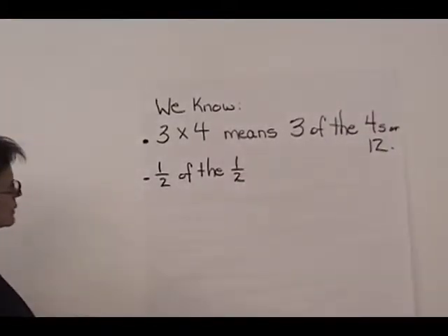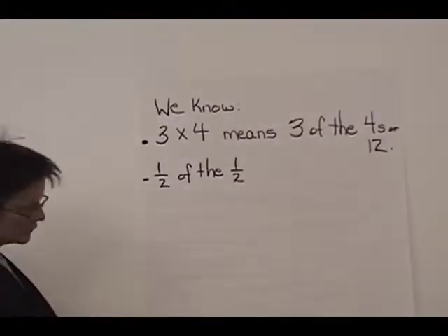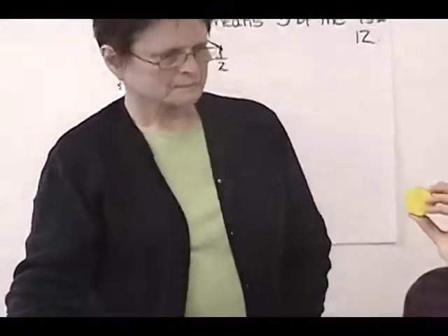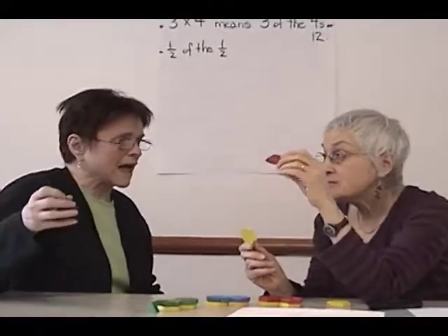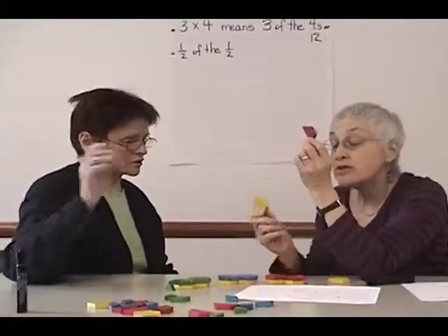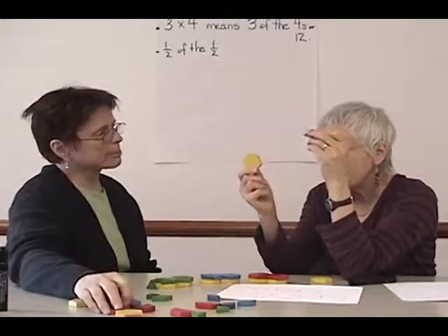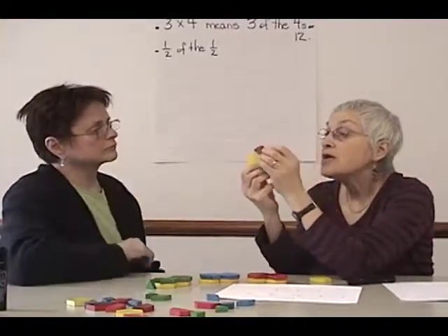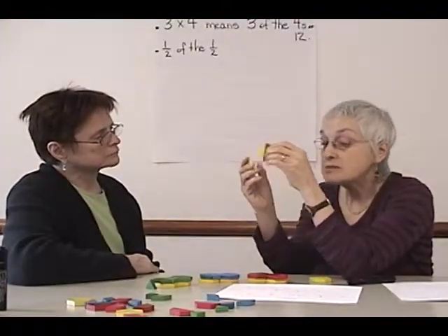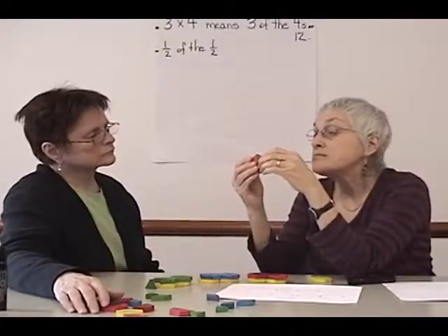So 1 half of 1 half, let's see, here's a half. Half of that, according to what we have here, a half of a half has to be a fourth, because there are two of those halves of this half. Half of this half is a fourth.